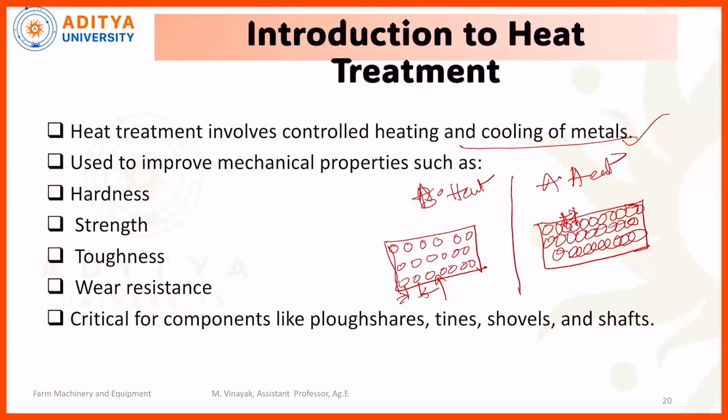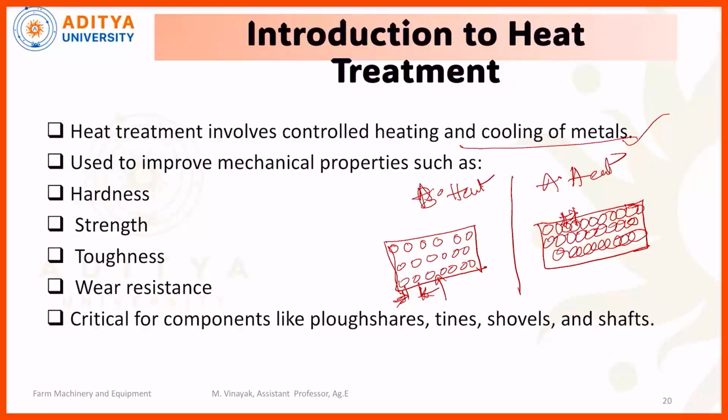If we decrease the gap between two molecules, what will happen? The strength of the material will increase. For that purpose, most manufacturers and designers of farm machineries definitely go for the heat treatment process, because it increases the strength of the material.